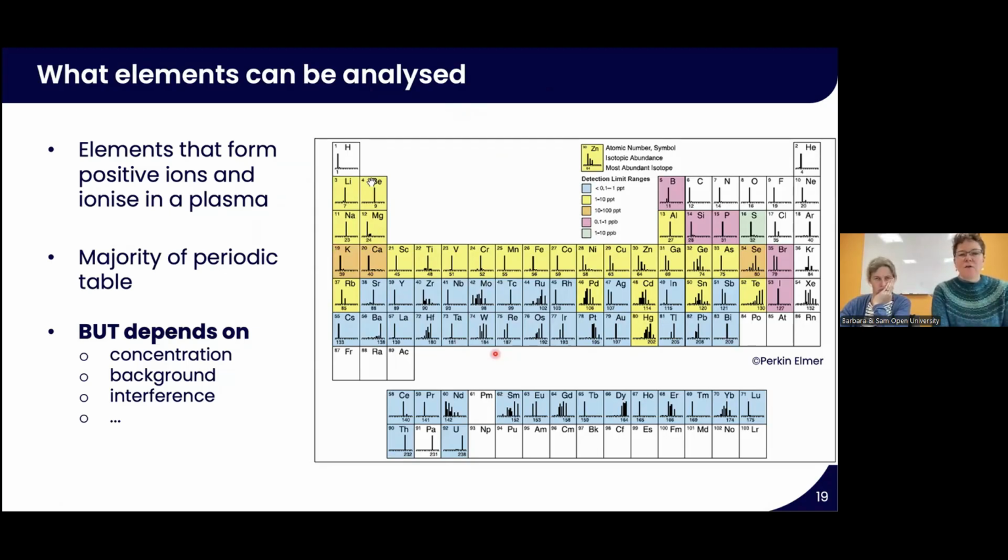However, this also depends a lot, as I said, on concentration, but also your background and potential interferences that Sam covered earlier, as well as the amount of material you have. A solution analysis always has more material compared to a laser ablation analysis, and therefore the minimum concentration that you are able to analyze for each element varies.